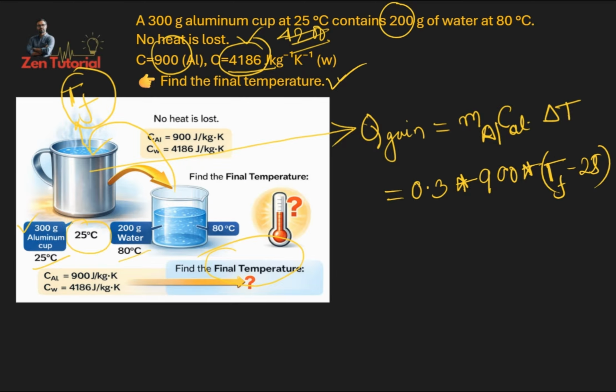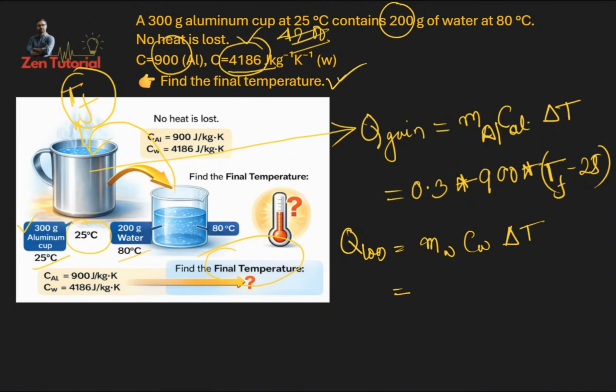And the water, when poured into the aluminum container, in that sense the heat is released, or heat lost by the water. So heat lost is m_w c_w delta T, right?